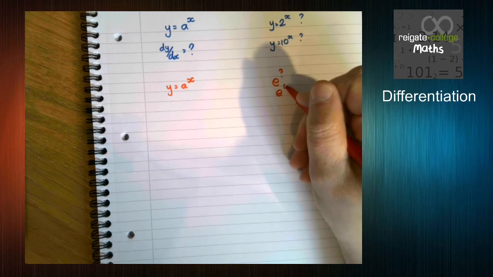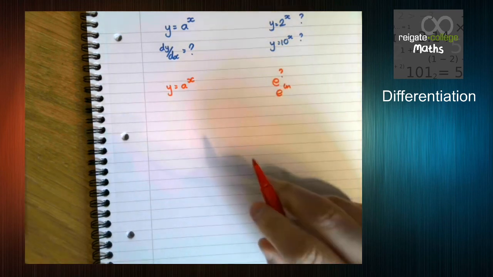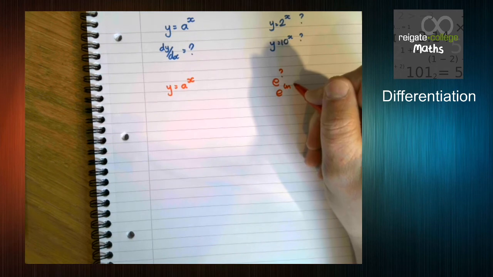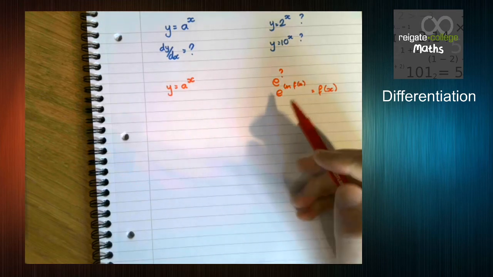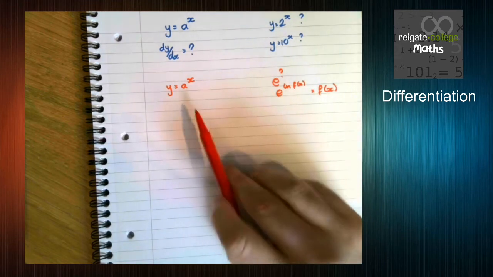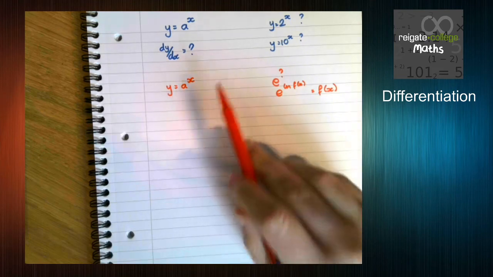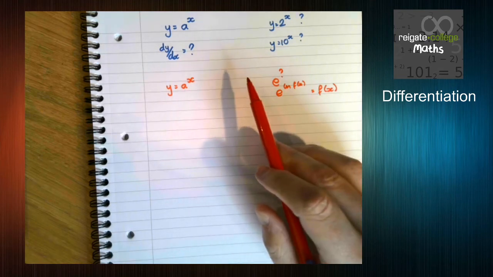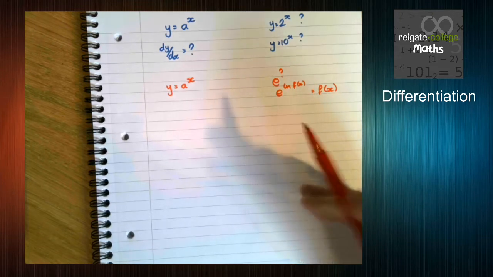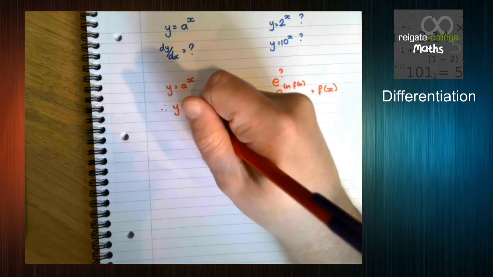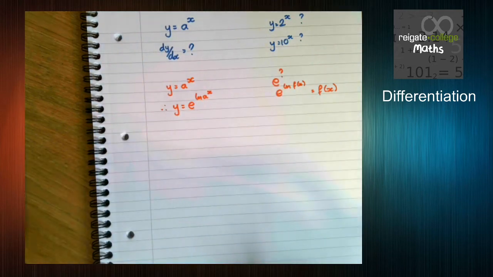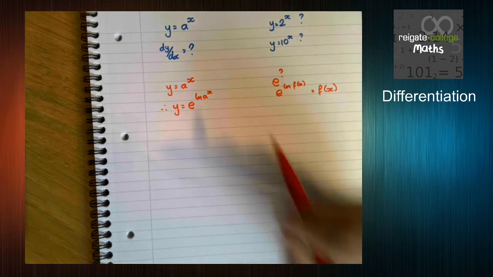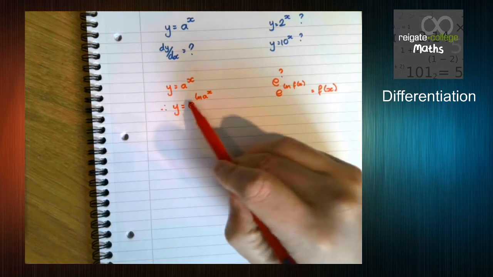If we have e and a ln next to each other, those cancel out, just leaving the function in there. So, if we stick a ln on the front of this, and then raise that to the power of, to do e to the power of that, we end up with the same thing. So this is a rule you can always do. It doesn't have to be with powers, but this is typically how we use it.